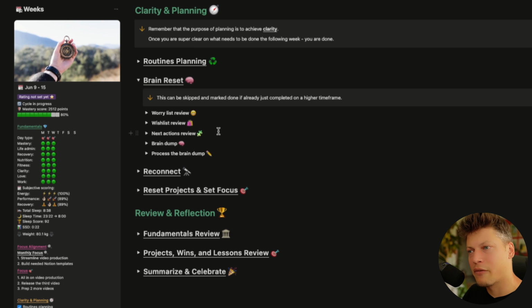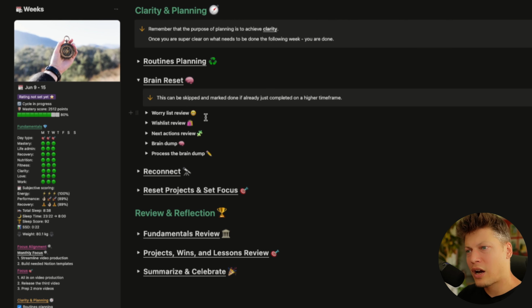And I don't even have specific actions created for reviewing my worry list. But since I open this page and I go through this template every time I create a brain reset action, these definitely ease execution. And you can see that in many other ways. Like you can have a template for some action that doesn't have sub actions or macro buttons that create sub actions, but instead just has a checklist, like a bunch of to-do items, and you simply check them.